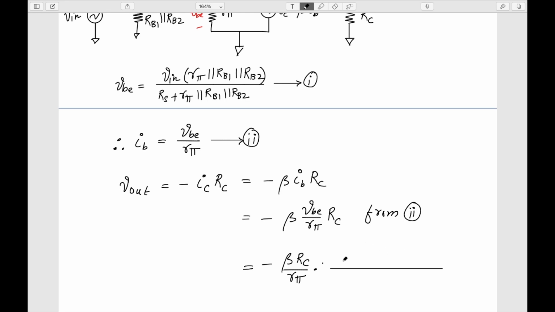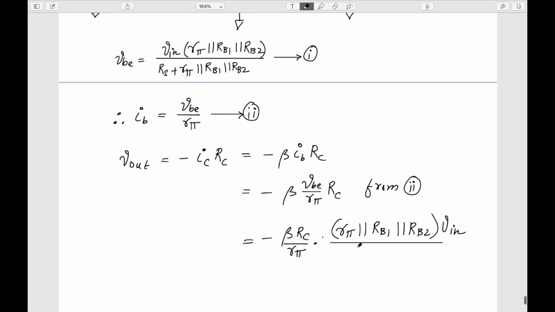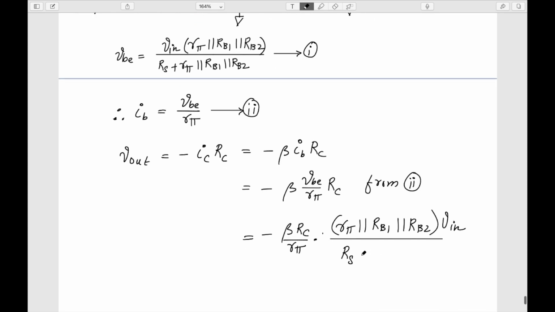So I have my R pi parallel RB1 parallel RB2, and V in, of course, and this one. So this is RS plus R pi parallel RB1 parallel RB2.